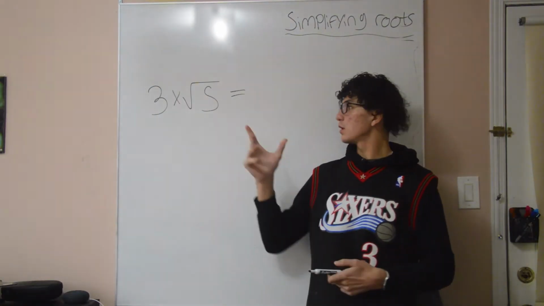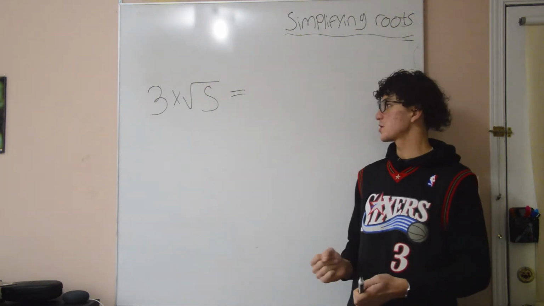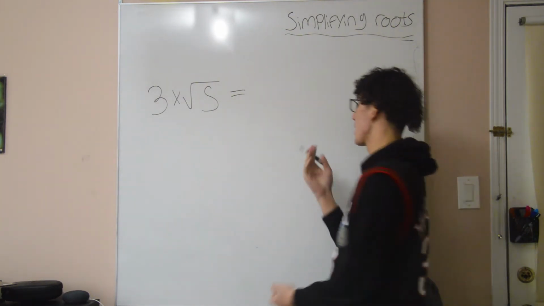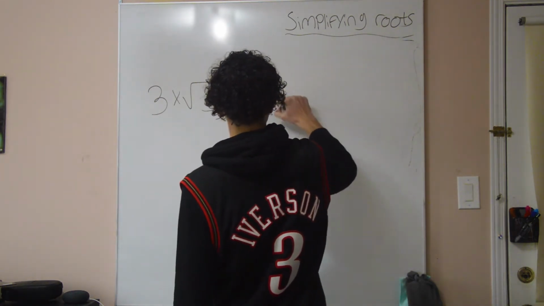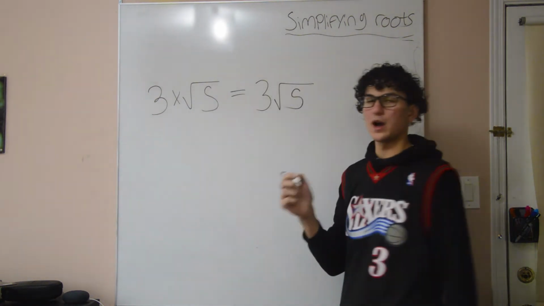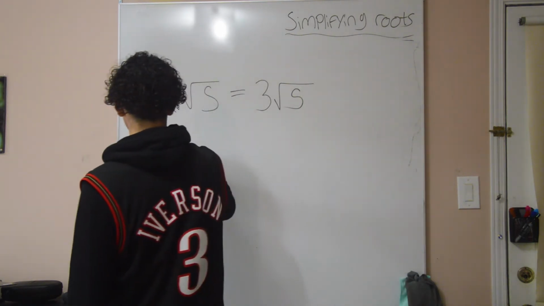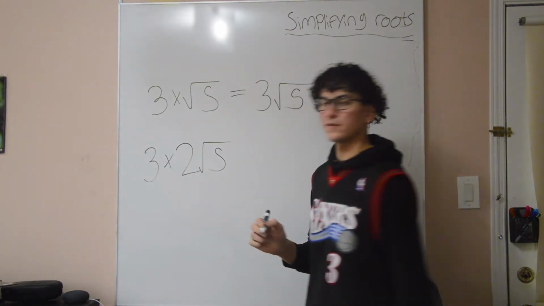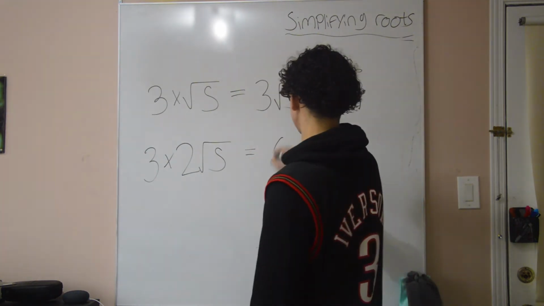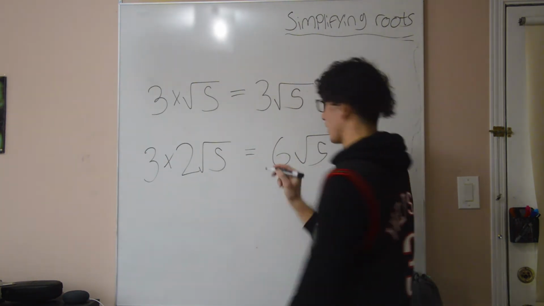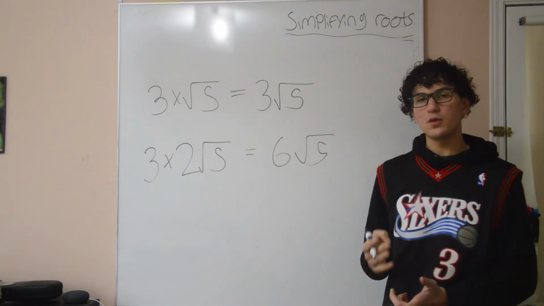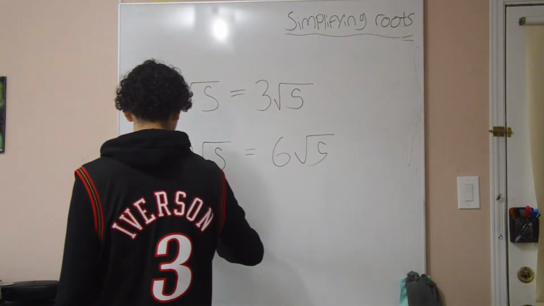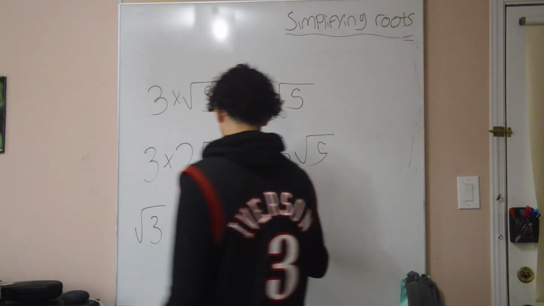Okay, so now we're going to multiply our rational expressions. And well, we know, for example, 3 times root 5 is just written as 3 root 5, right? And if we have 3 times 2 root 5, that's just written as 6 root 5, right? But what happens when we have something like root 3 times root 5?